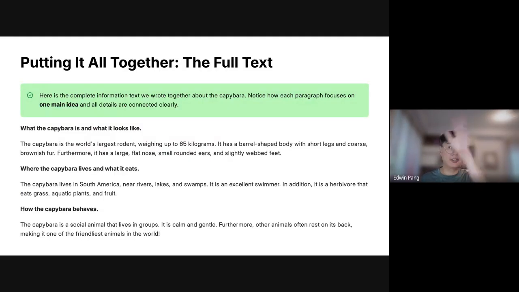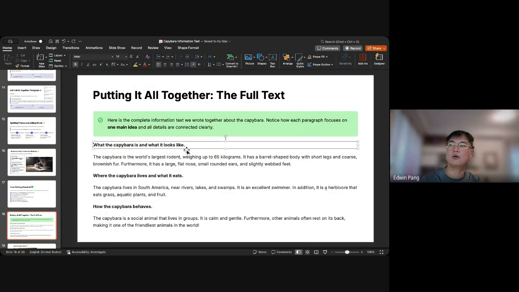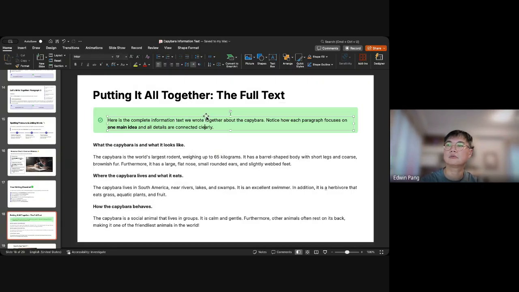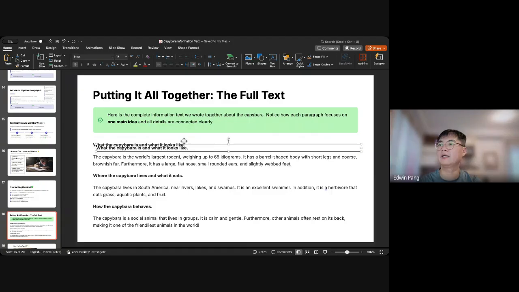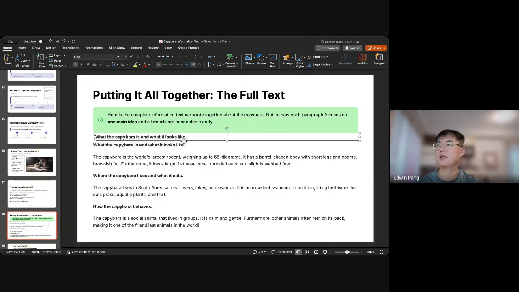I'll just show you the complete version. I'm sorry, I forgot to put the title on top. I apologize. Maybe Mr. Pang can do it now. Let me try to do it now. Can I put a title on top? Let's see. You're seeing Mr. Pang edit this in real time. I apologize for that because I totally forgot to write the title.